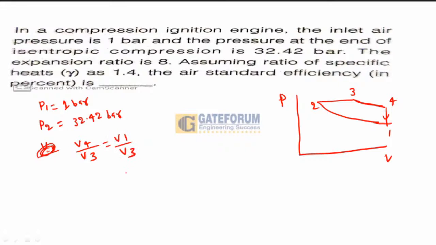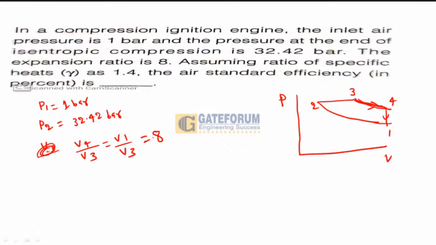You have to remember that whenever you talk about these kinds of ratios, they are process ratios, and all process ratios are always more than one. Expansion is going to take place from 3 to 4, therefore it is called expansion ratio. But you know V4 equals V1, so you can write this, and this value is given as 8.